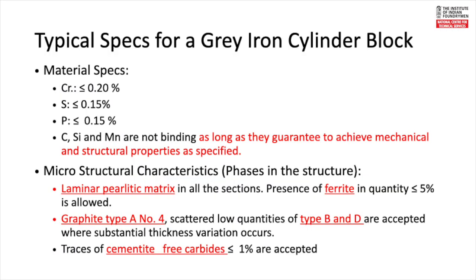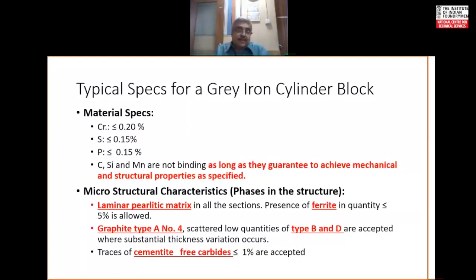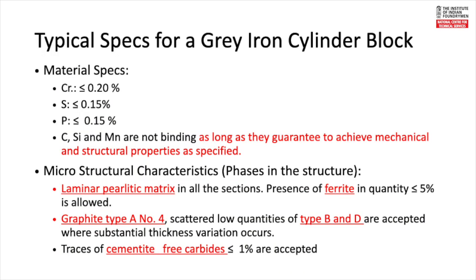Laminar pearlitic matrix in all sections, presence of ferrite in quantities less than 5%, graphite type A number 4, and then scattered low quantities of type B and D are accepted, where substantial thickness variation occurs.